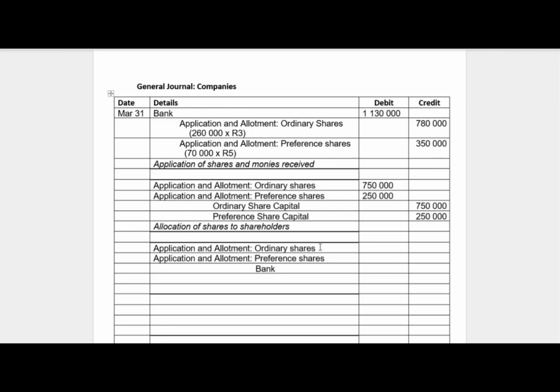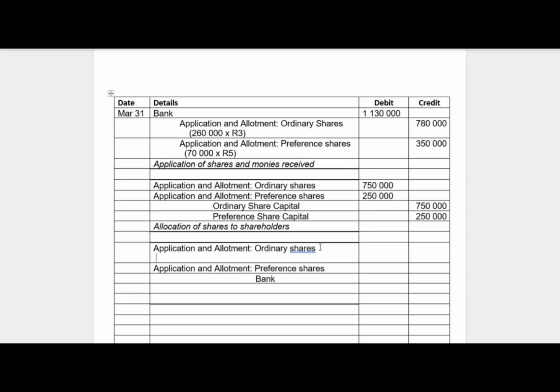So the difference between the two numbers you refund. So you're going to go into your brackets there and say 780,000 less 750,000. For ordinary, you are refunding 30,000.